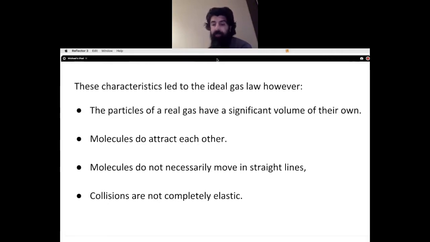However, particles of real gases actually do have a significant volume. Molecules do attract, as we saw last class, where even non-polar molecules will attract one another. Molecules do not necessarily move in straight lines. And finally, collisions are not completely elastic in terms of how they redistribute their energy as they move about.